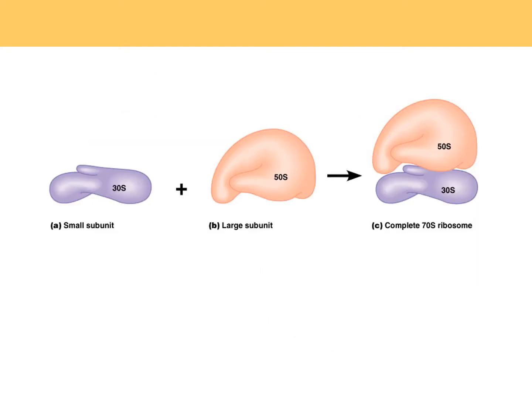Now, the thing about the ribosomes is that they are made of two subunits, a smaller one and a larger one, and these have a characteristic sedimentation rate. They will sediment down in a high density fluid at a certain characteristic rate of sedimentation. These 30 and 50 are not size in terms of weight.